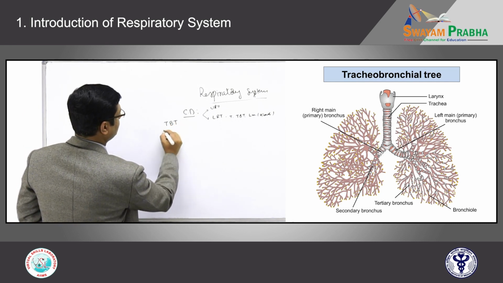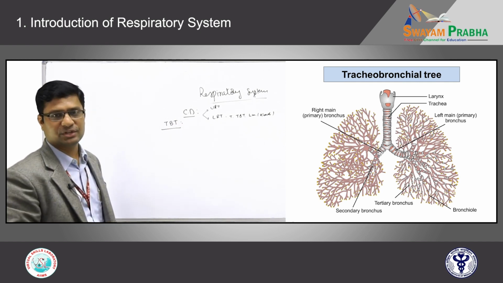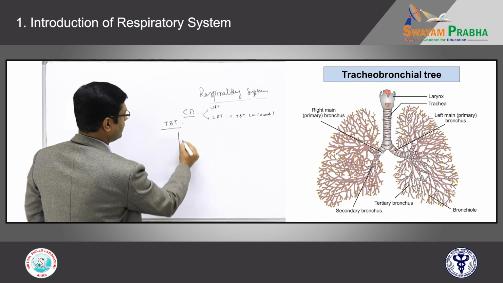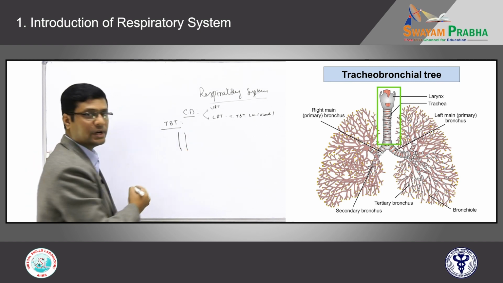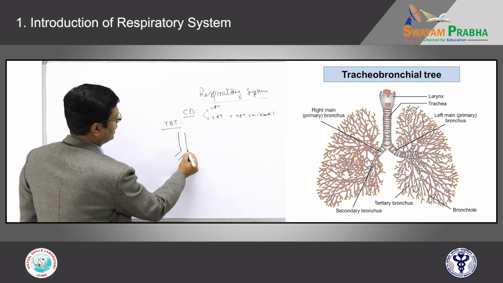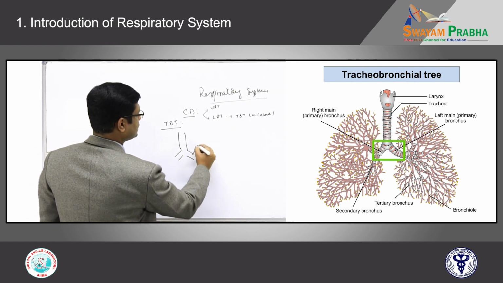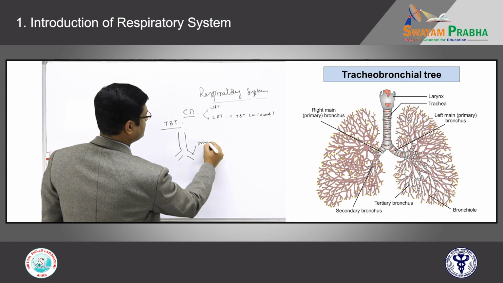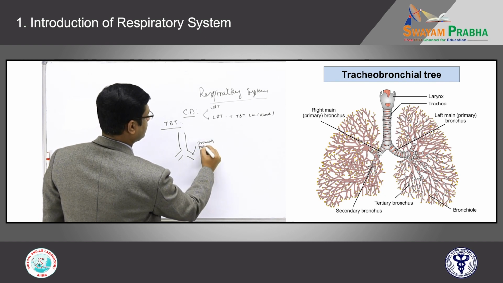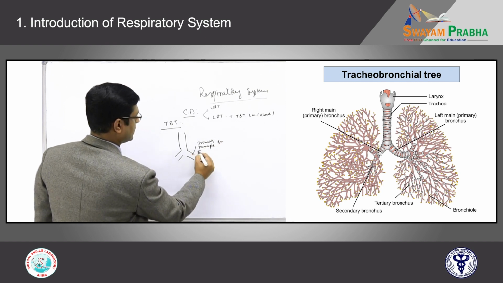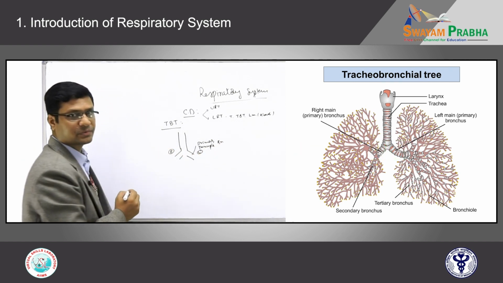Tracheobronchial tree. All of you can see the picture. The tracheobronchial tree consists of a single large tube, the windpipe, which we call the trachea. At the thoracic space, this divides into two main principal bronchi, called primary or principal bronchi, on the left side and right side.